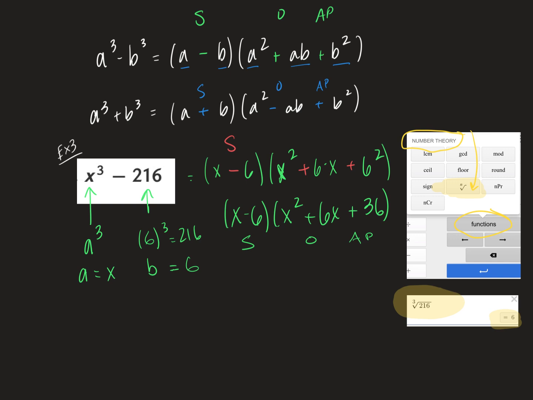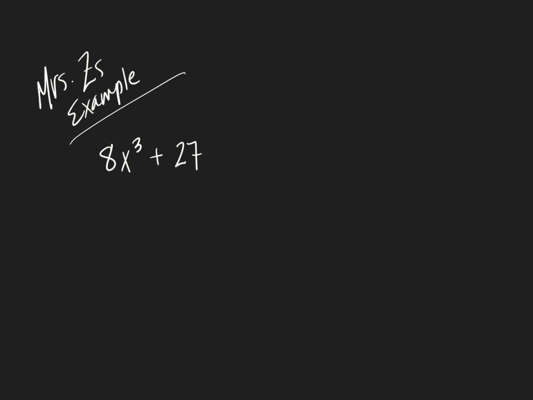Let's try one that is the opposite, and I'm going to kick it up a notch, and I'm going to give the variable right here a coefficient. So I'm going to make up a problem, and we'll do it on the next page. All right, so now it's a sum of cubes, okay? So if you need it at the top, we can go ahead and put it there so that we've got it.